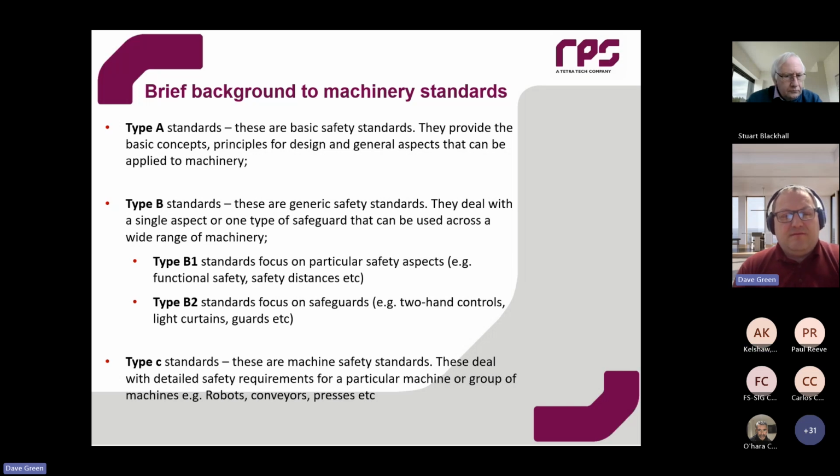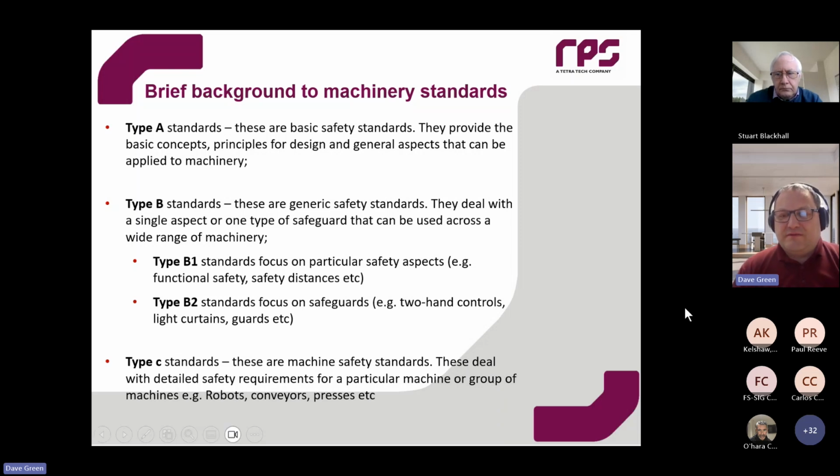So they deal with the detailed safety requirements for a particular machine or group of machines, things like robots, conveyors, power presses, etc. So that's the hierarchy that we have for standards in the machinery world.